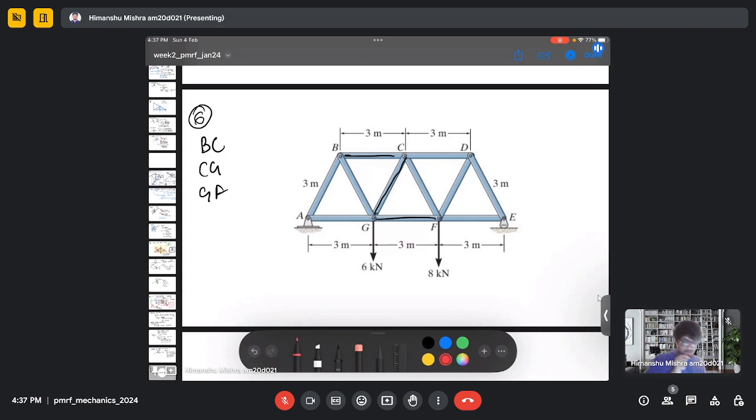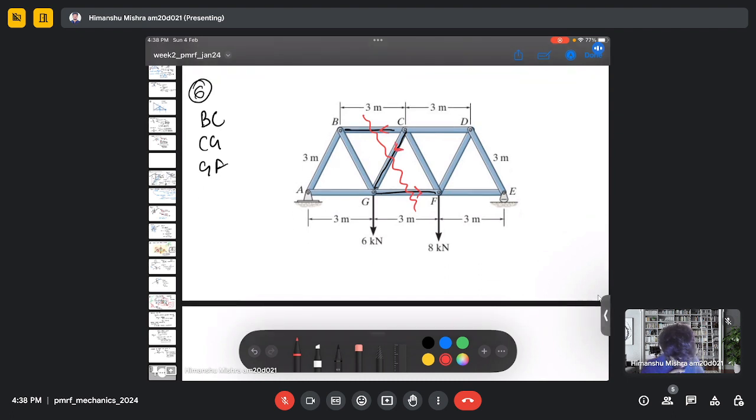When we use the method of section, we can cross this section, and we can cross three members which are unknown, which we have yet to calculate, and then we can assign the direction in this manner.